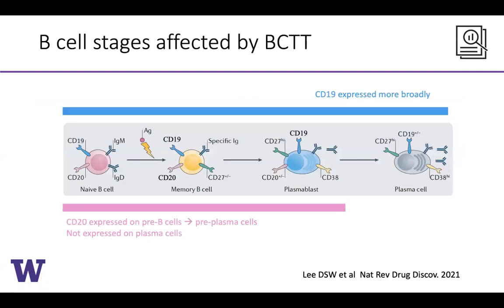Just to review what these monoclonal antibodies target: CD20 is expressed widely from pre-B cells to pre-plasma cells, but is not expressed on plasma cells, versus CD19, which is expressed more broadly, so the effects of immunosuppression are expected to be broader with CD19.